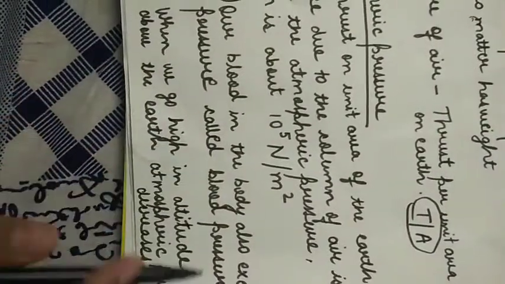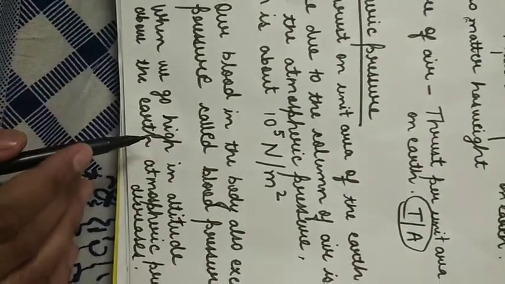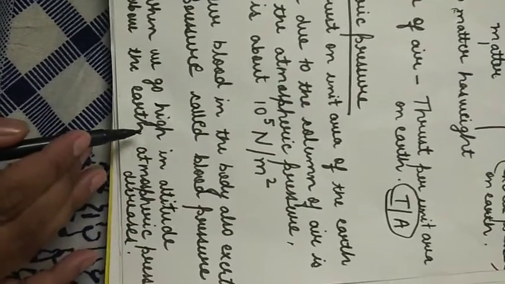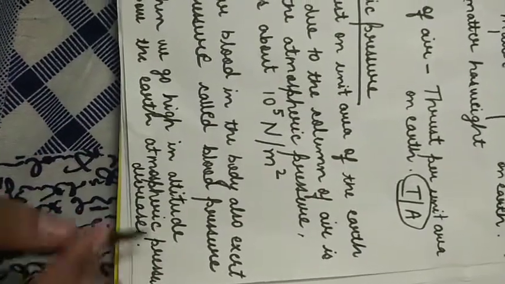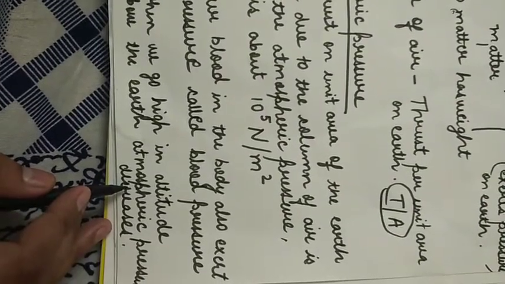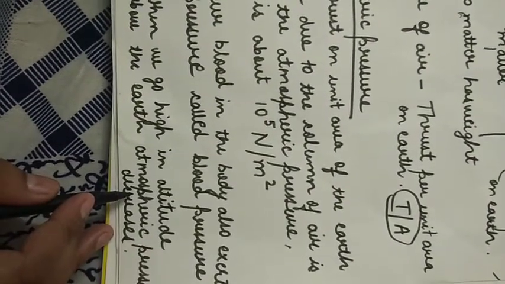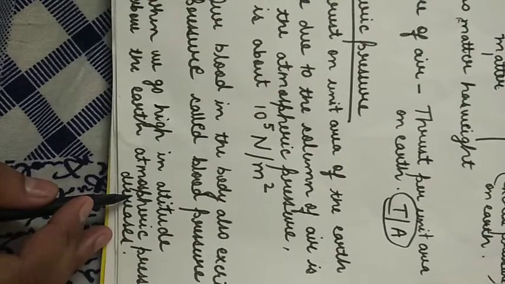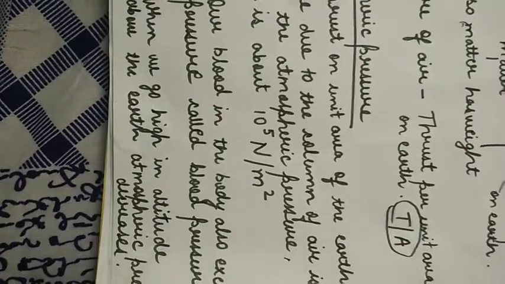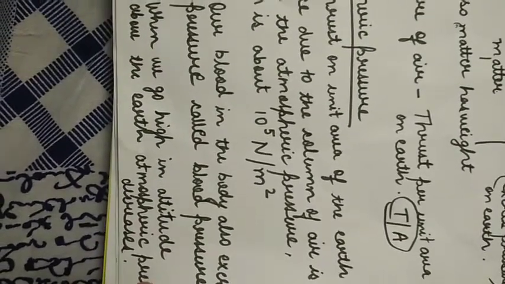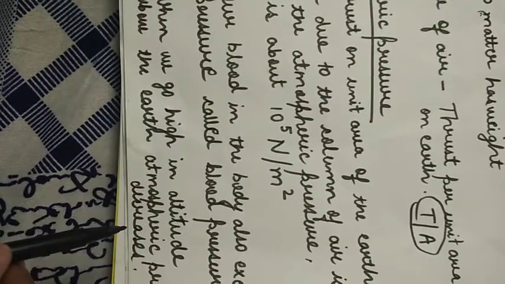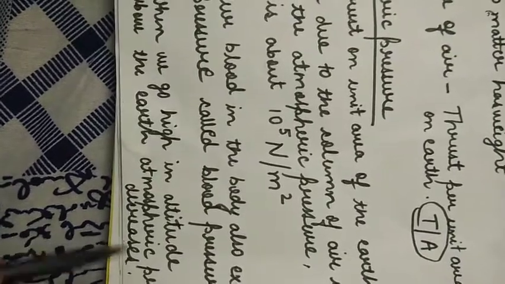When we go high above the earth, we are talking about mountains, so the atmospheric pressure decreases. For example, areas like Jammu and Kashmir, Himalaya, etc. There the atmospheric pressure is very low, or very much decreased.